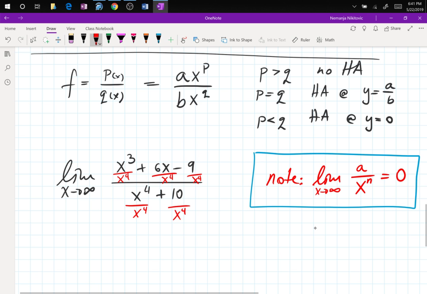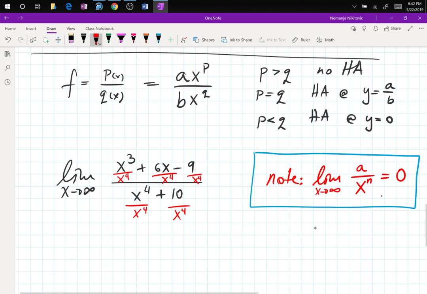Any number on top, this can be 70 million, it doesn't matter, divided by x to any exponent. It could be x to the first, it could be x to the 10th, it doesn't matter. It has to be positive.